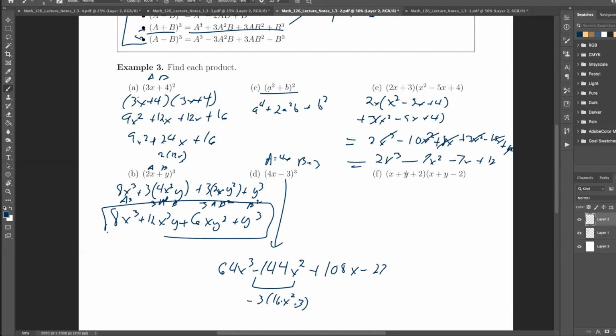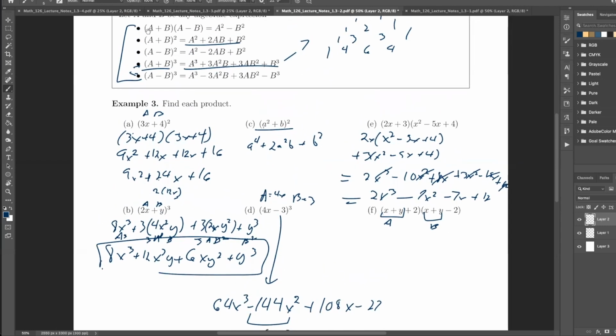And one last thing I want to show you is if here, I declare this to be A and this to be B, what is this? Well, this is just the difference of squares, right?